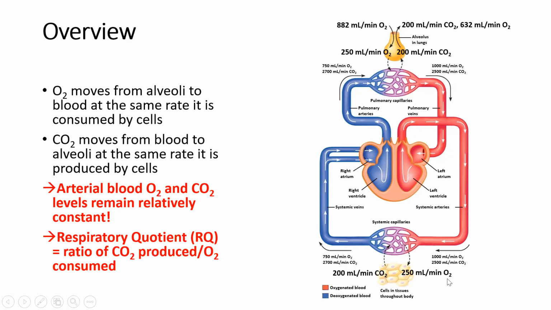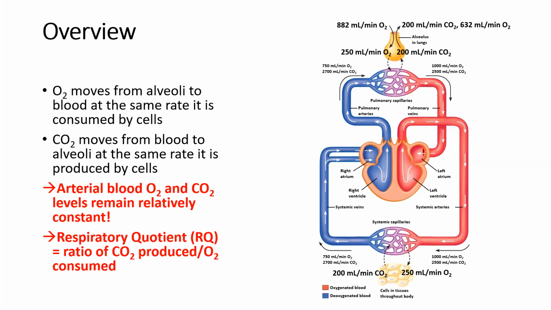At the level of the tissues, if we divide 200, the amount of CO2 produced, by 250, the amount of oxygen consumed, we get our standard respiratory quotient, which is 0.8. So 200 divided by 250 is our standard respiratory quotient at rest.